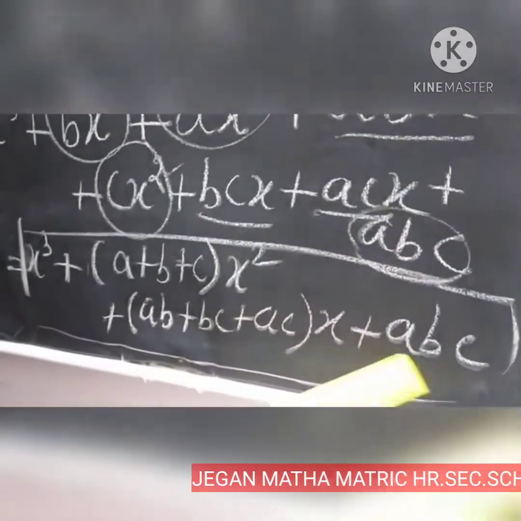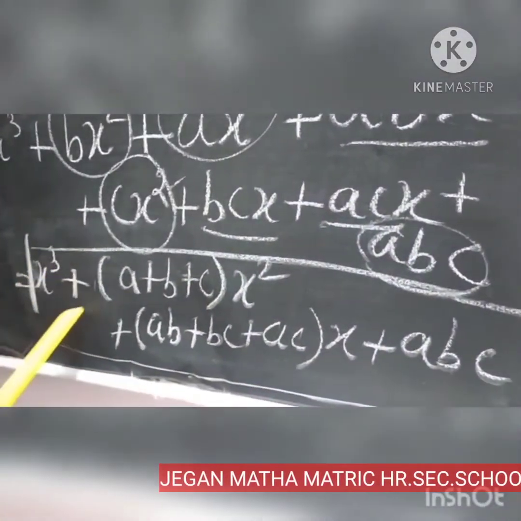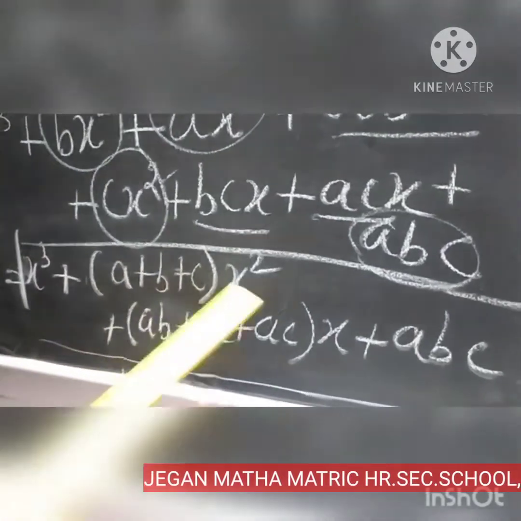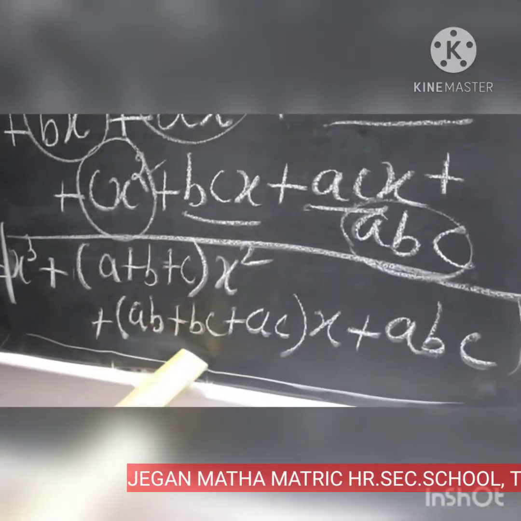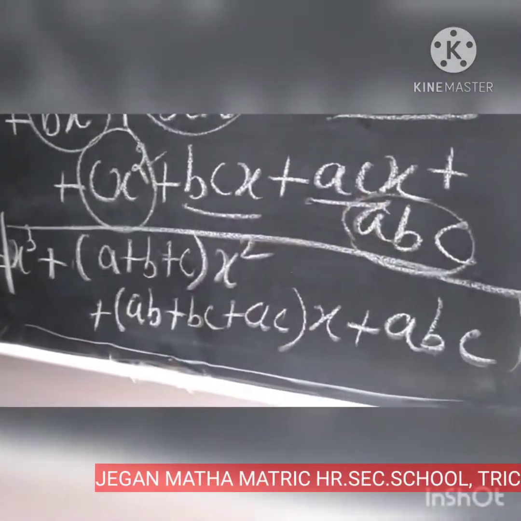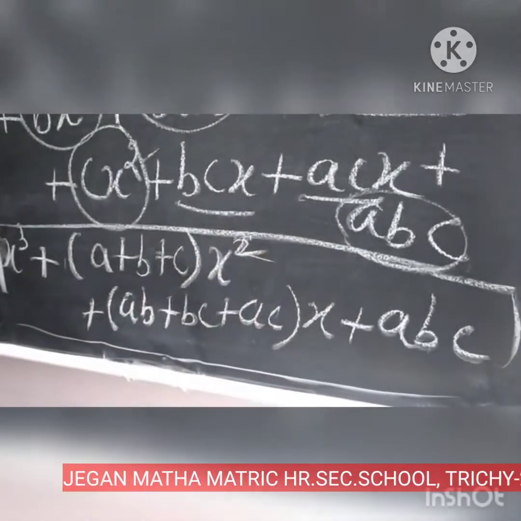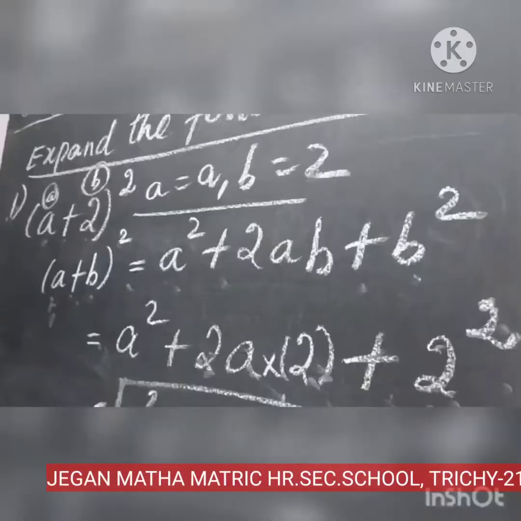Last term abc, keep as it is. So the answer is x cube plus (a + b + c) x squared plus (ab + bc + ac) into x plus abc. This is the final answer. Is it clear?